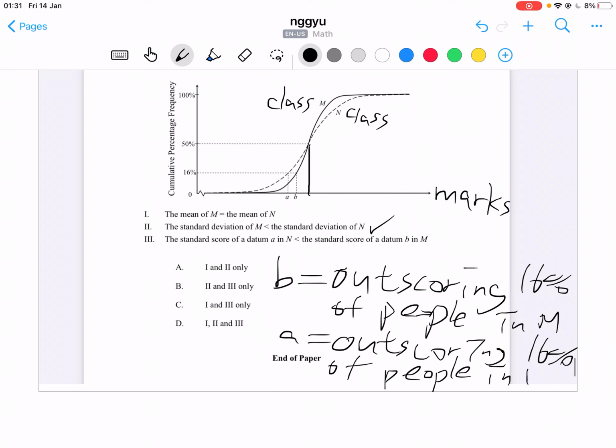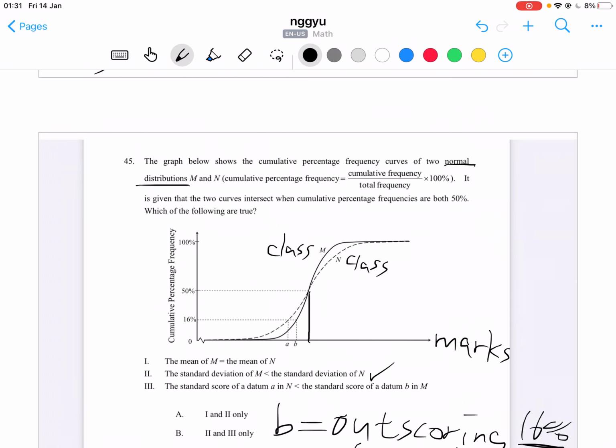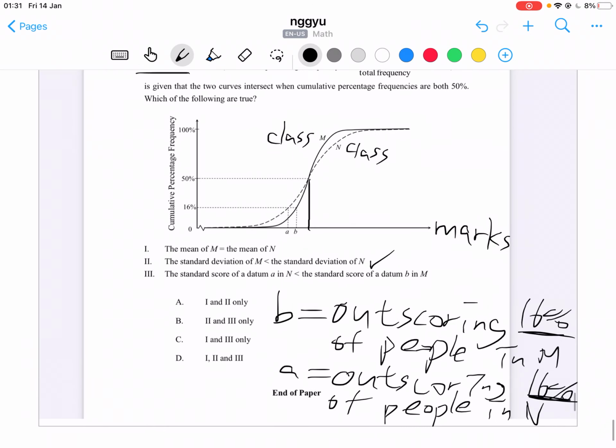So in different classes, even though A and B are different marks, they have outscored the same percentage of people in the class. And if we take a look back, it is a normal distribution.